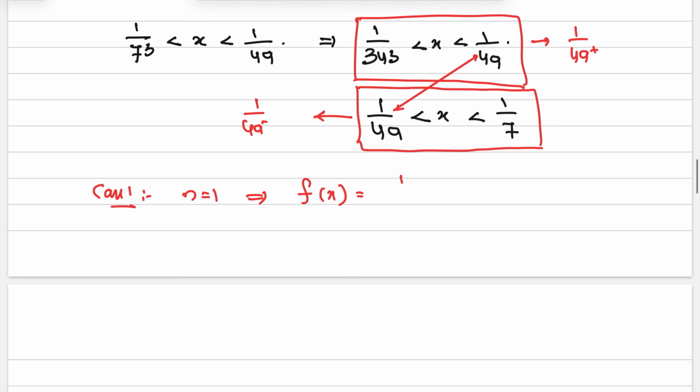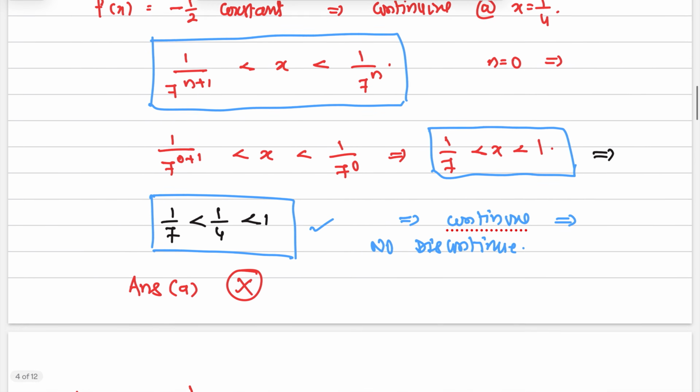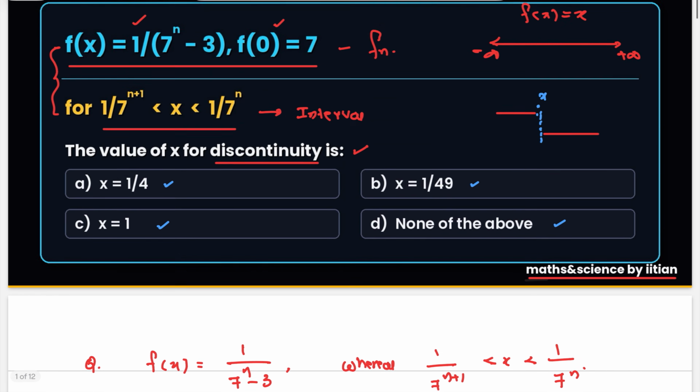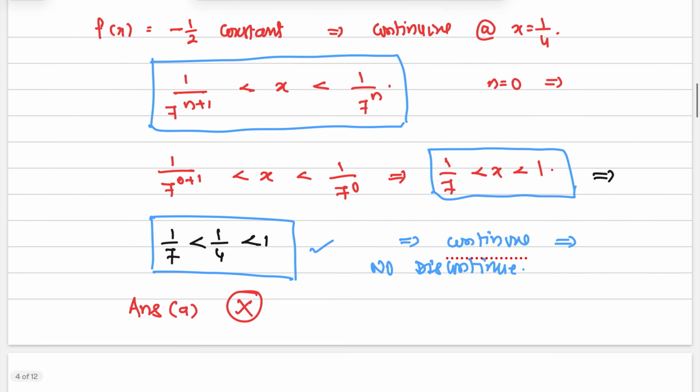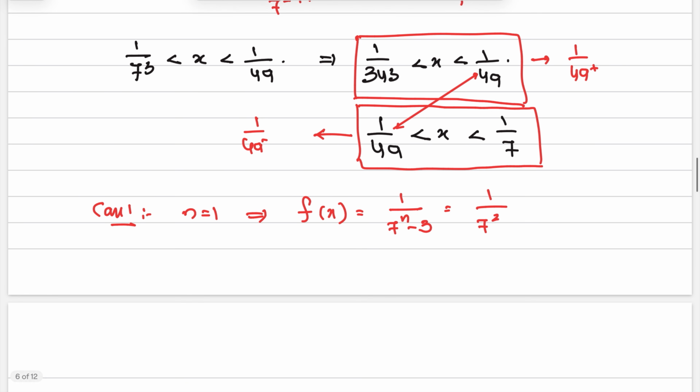Function x is equal to 1 by 7 to the power of n minus 3. N is equal to 1 means 1 by 7 to the power of 1 minus 3, that is equal to 1 by 4.